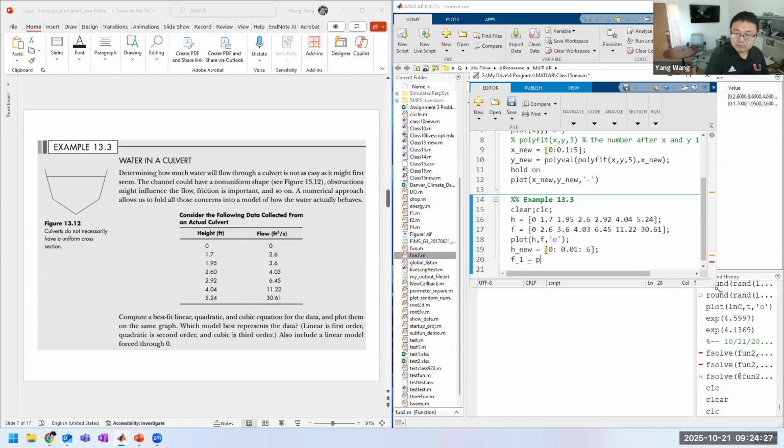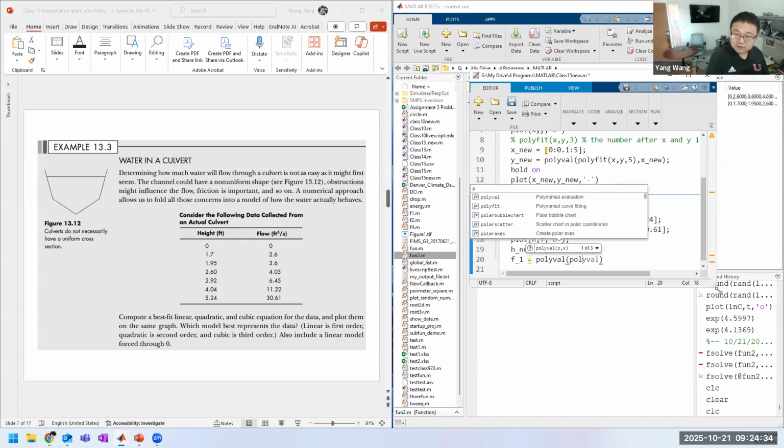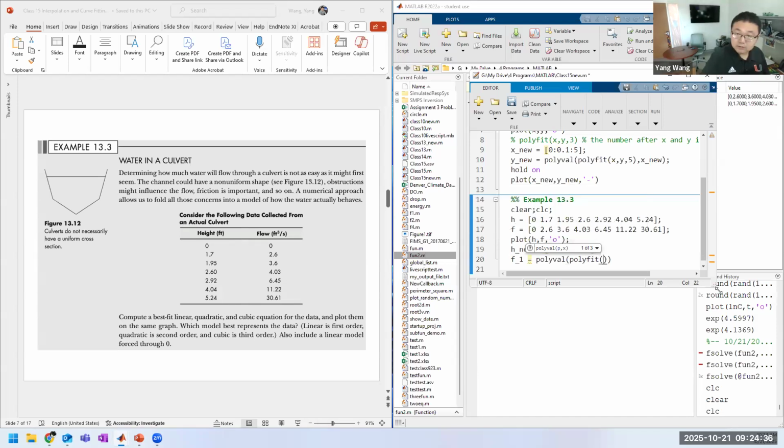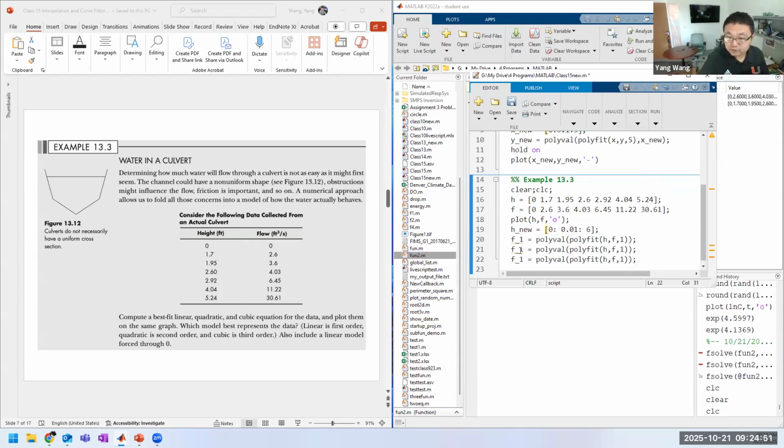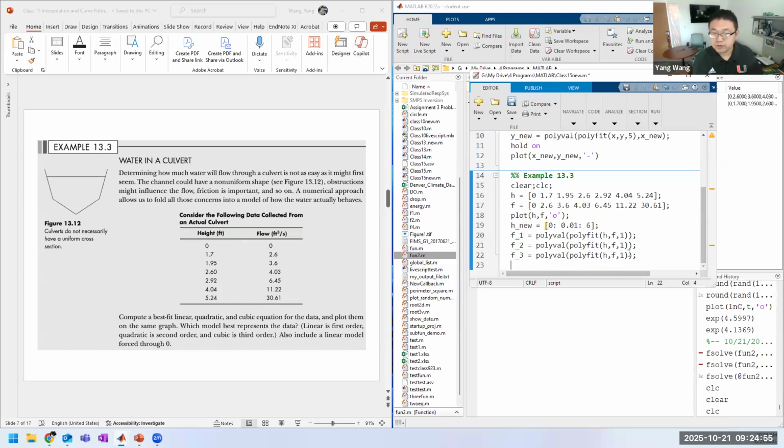The first order is polyfit of h and f with the first order. Then 2 is the quadratic regression, 3 is a cubic regression, 2 and 3.